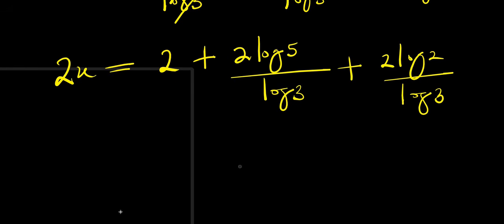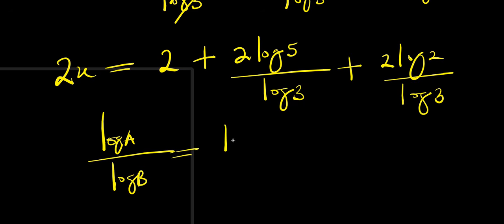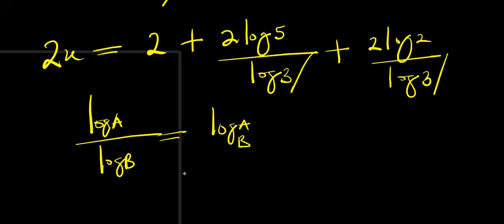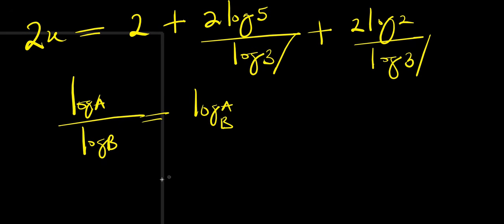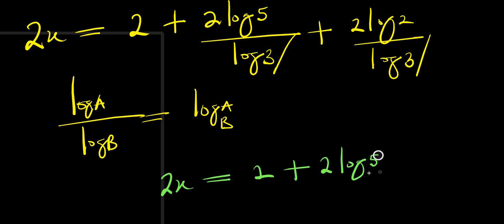Now, if you have log a divided by log b, this equals log a to the base of b. So we apply that here and here. That means I'm simply going to have 2x equals 2 plus 2 log 5 to the base of 3 plus 2 log 2 to the base of 3.